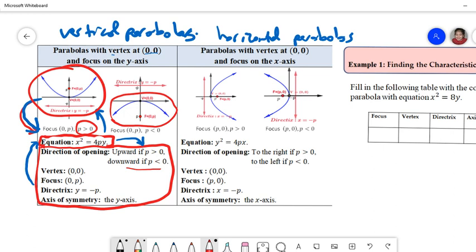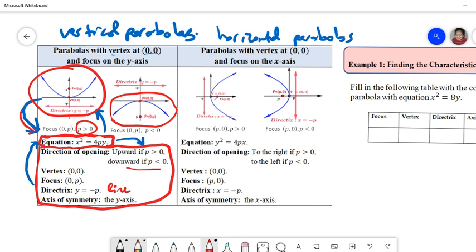This one opens down, and this one opens up. And here the vertex is at (0, 0), at the origin, and the focus is (0, p), and the directrix is the line y equal to negative p. This is a horizontal line. And the axis of symmetry is the y-axis.